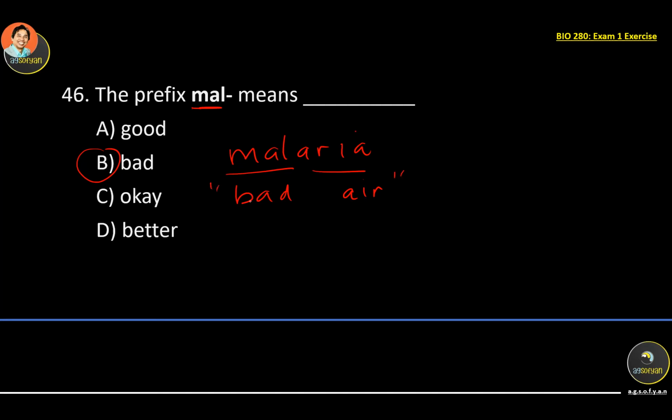People at that time didn't know where malaria came from. They said it was because of bad air. This is actually not true. It is a disease carried by mosquitoes. But people at that time didn't know, so they called it bad air, or malaria. Mal means bad.